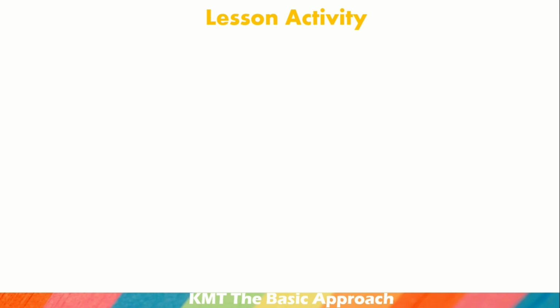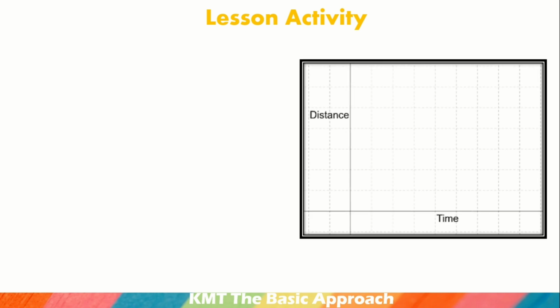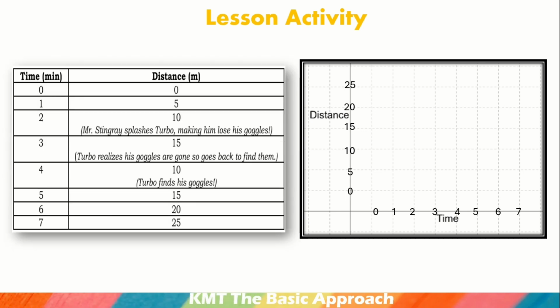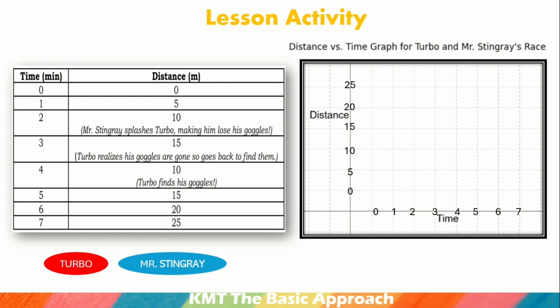Let's make our own graph. We'll put the time, the distance, the data, red for Mr. Turbo, blue for Mr. Stingray, and the title, Distance versus Time Graph for Turbo and Mr. Stingray's Race.